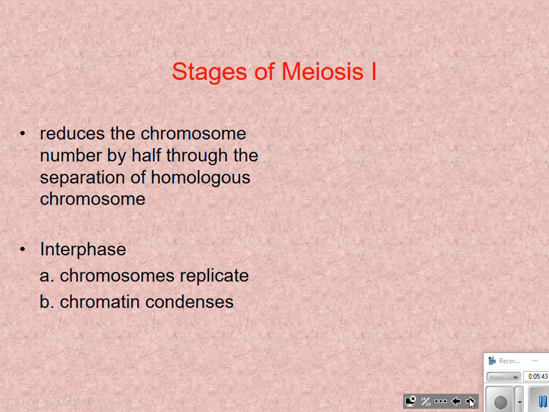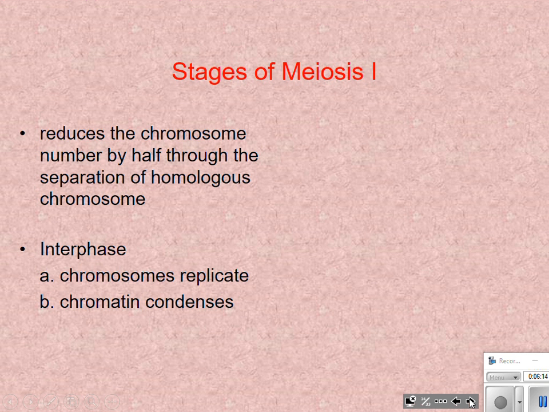Interphase. Okay? Interphase precedes meiosis 1. So if you remember interphase, what are the parts of interphase that are important? Think back to what we talked about in mitosis. What are the parts of interphase? G1, S, G2.